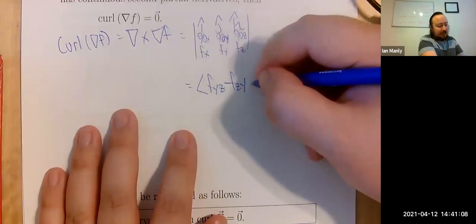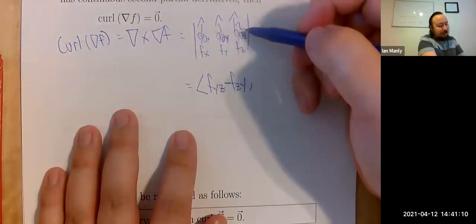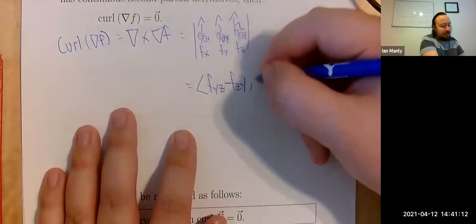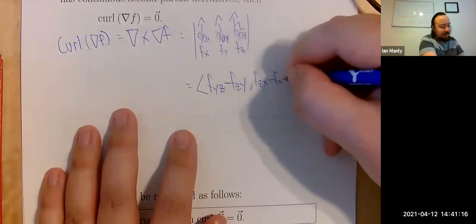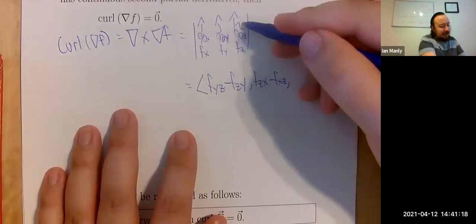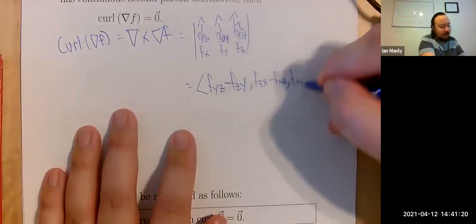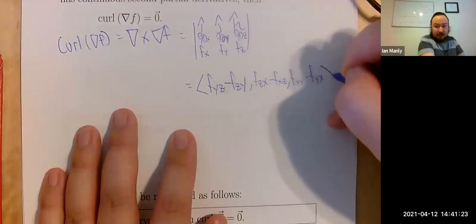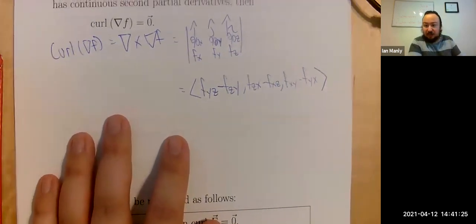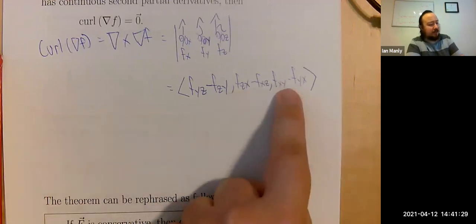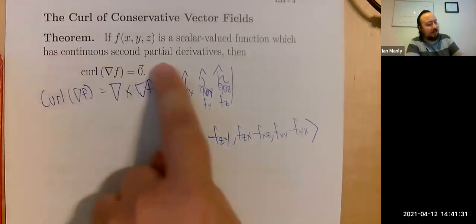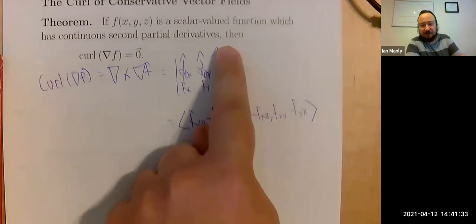Okay, that's interesting. All right, and then if we do the j component, I'll just speed through this, make sure we have enough time. This will be f_zx minus f_xz. And then the k component will be f_xy minus f_yx. All right, now there's something very interesting about this vector field, particularly if we have continuous second partial derivatives.